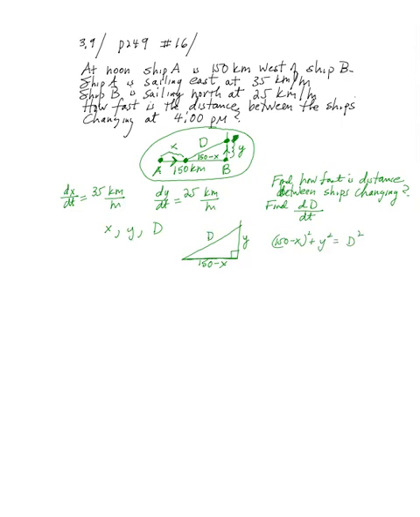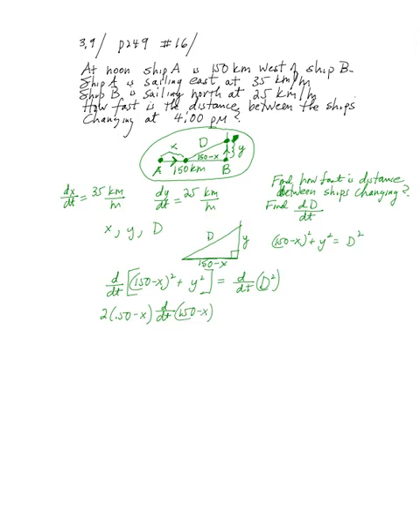Step 3 says to take derivatives of both sides with respect to the independent variable, time. The derivative of a sum is the sum of the derivatives. The derivative of (150 minus x) squared with respect to t, I need chain rule. This is the derivative of the outside. I've got to multiply by the derivative of the inside.